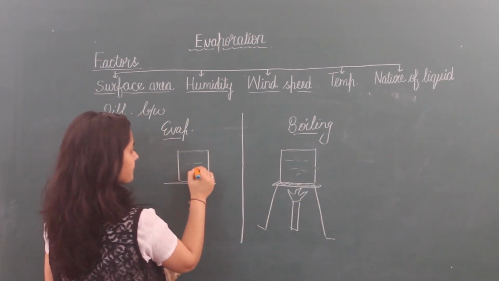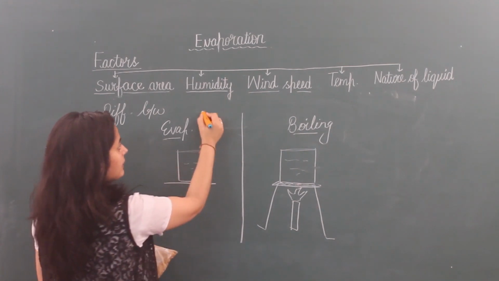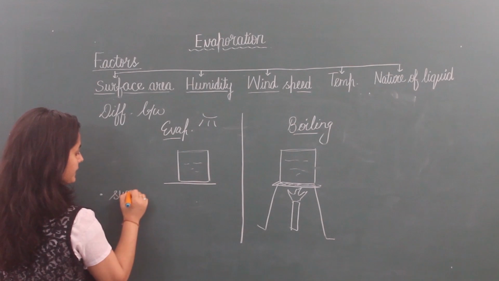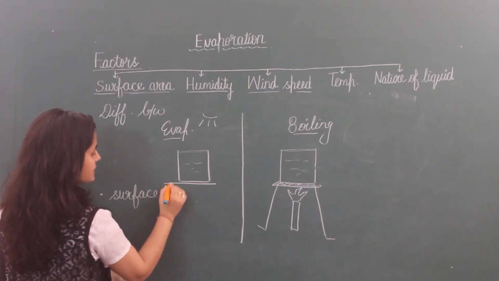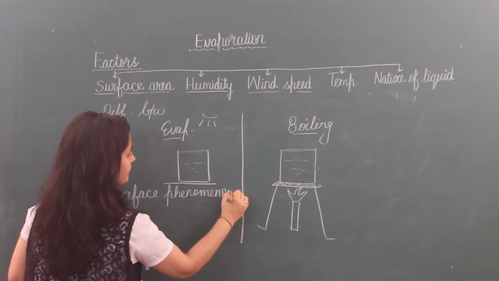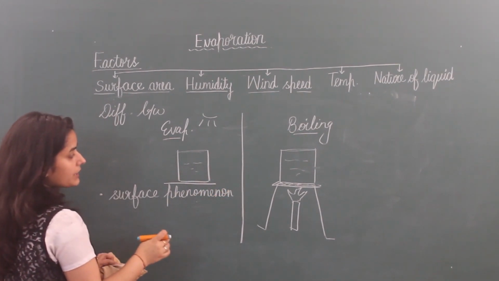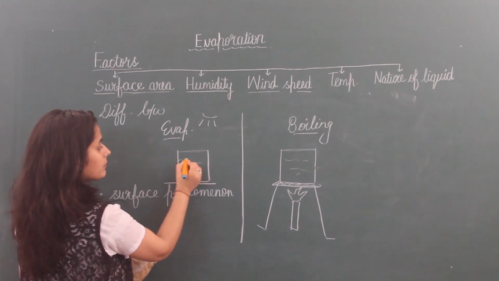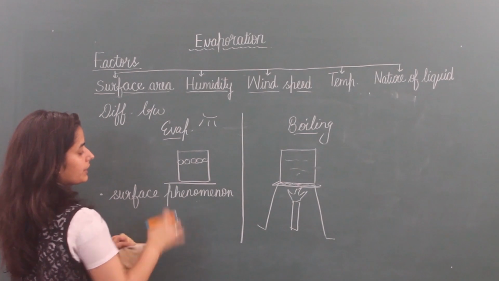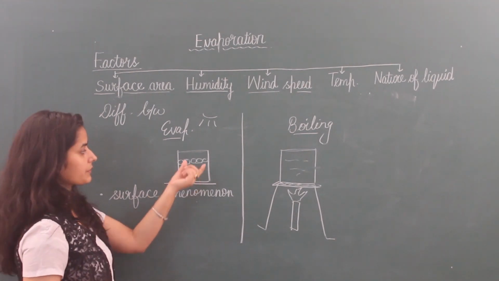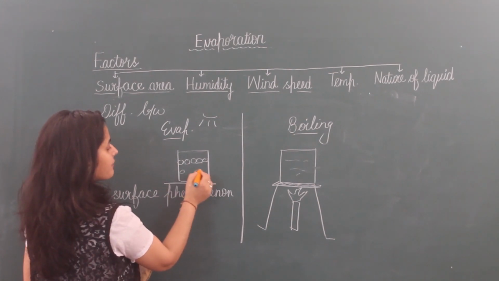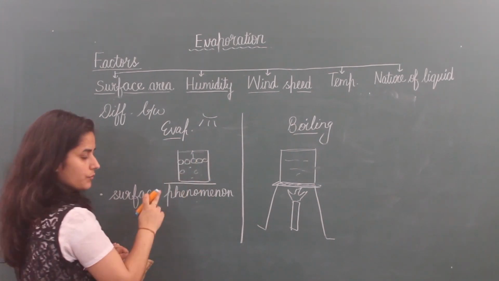This is water. Now what happened? Evaporation first is a surface phenomenon. Means evaporation will take place only for surface particles. There is no need of these lower particles. We will check the temperature of only surface particles, because only surface particles convert into vapors.